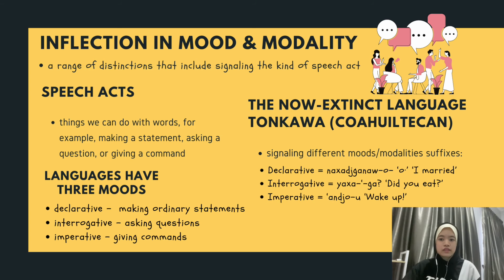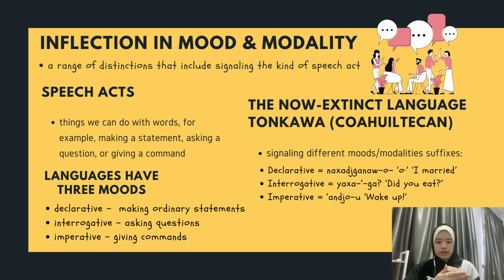And for the last inflection, which is the 7th inflection, inflection in mood and modality. This inflection has to do with a range of distinctions that include signaling the kind of speech act in which a verb is deployed.